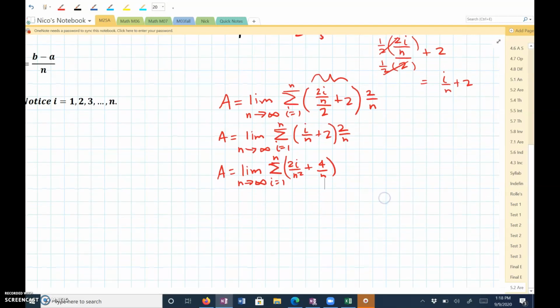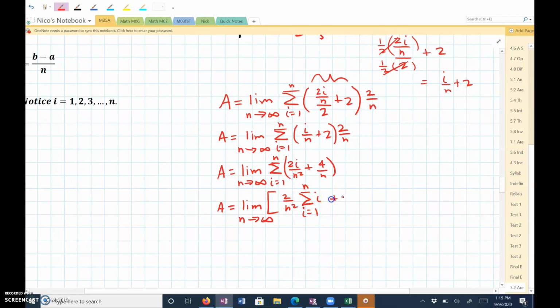Then I can write this as two separate summations. And I'm going to factor out 2 over n squared out of the first one. And the second one, I'm going to factor out 4 over n.